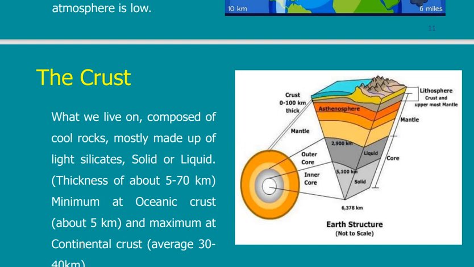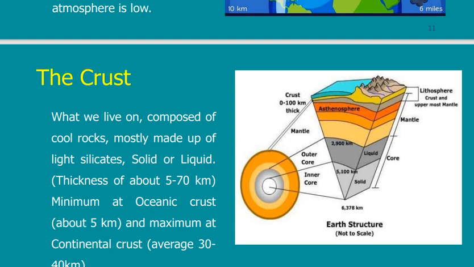Of course, if I have a crust and on top of it is the ocean, by logic, it will be a minimum thickness. But if I have the crust that carries on top of it Mount Everest, the thickness will be the total of Mount Everest plus whatever small thickness below.